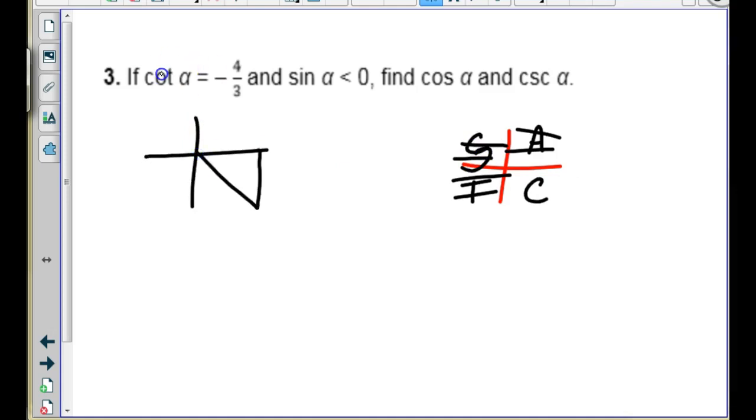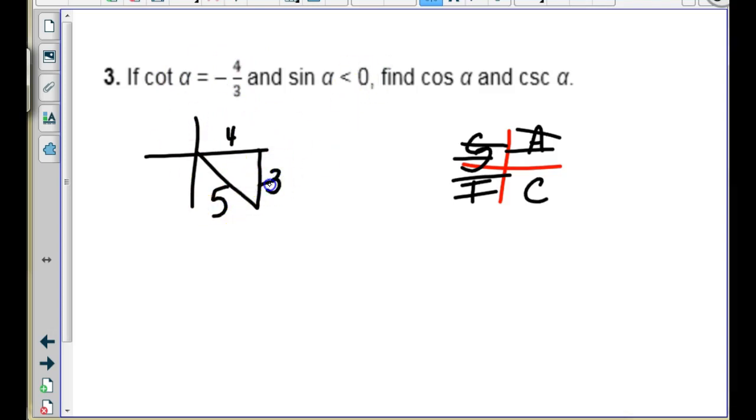And the cotangent is x over y, or adjacent over opposite. The negative would go on which one? Because it went down. If we did Pythagorean theorem, this would be 5. Okay? So this is adjacent over opposite. We're in the right quadrant.